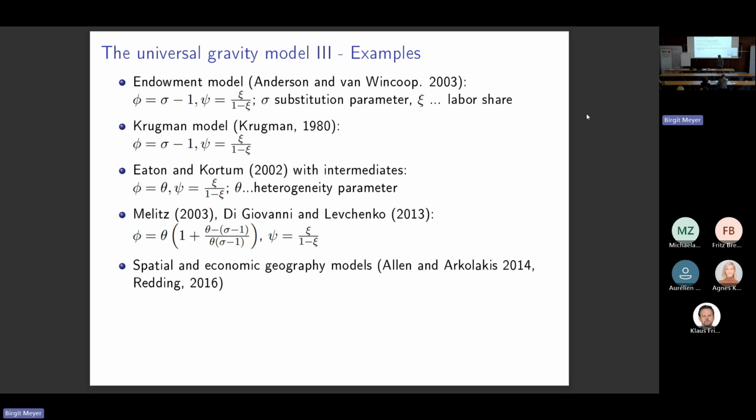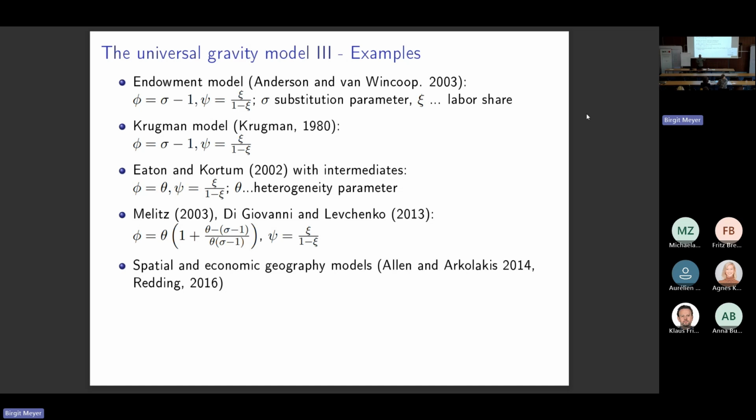And the Melitz model comes in as well, having even more complicated demand elasticity, and the theta and theta up here just capture either heterogeneity in the Eaton-Kortum model, or they capture say the Pareto parameter possibly, okay? So in short, this is quite general and covers several specific approaches.